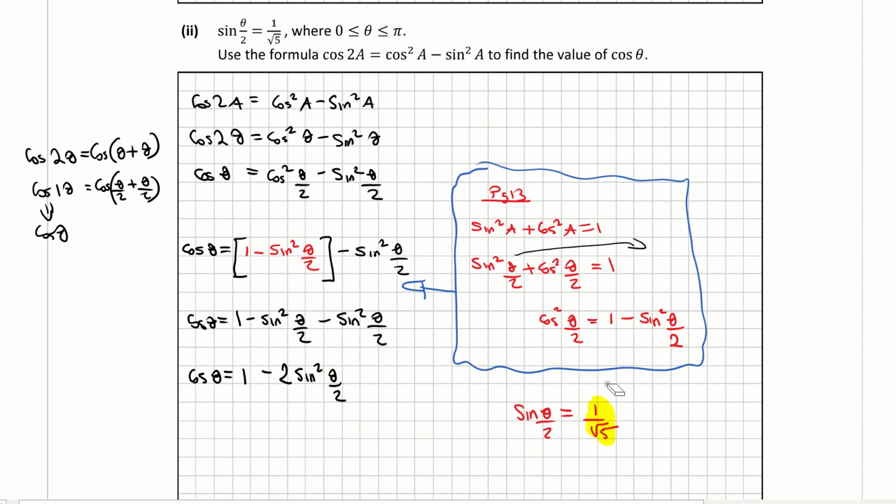So if I can get rid of all this now, that's going to give me cos theta is equal to 1 minus 2 times sine theta over 2, which is 1 over root 5. But like I said, it's squared, so I need to put a square on that. Squaring it on my calculator or in my head will just give me 1 minus 2 times 1 over positive 5.